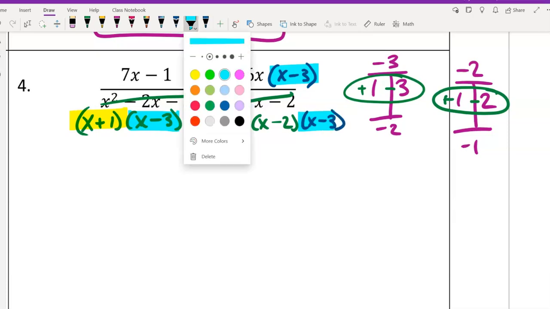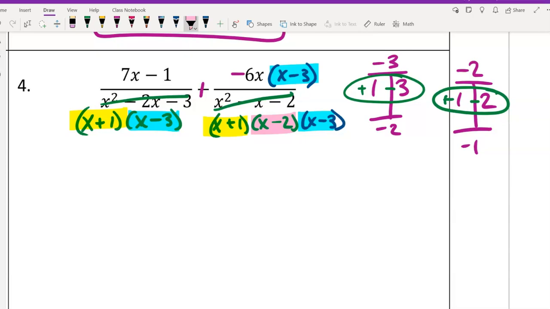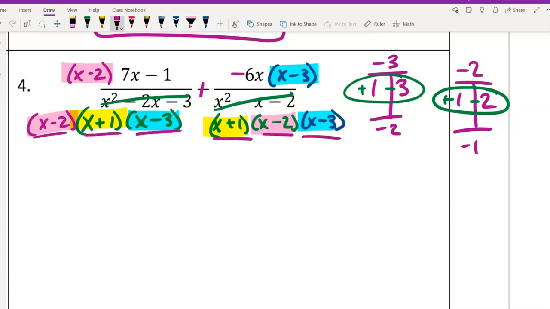Then we're going to take the other fraction, x minus 2, and multiply it here and here. Now we have x minus 2, x plus 1, and x minus 3 all in the denominator. Let's go ahead and write one big fraction all over the common denominator.